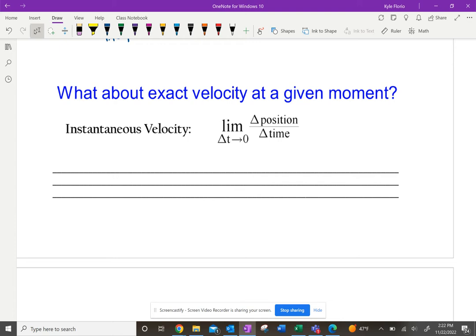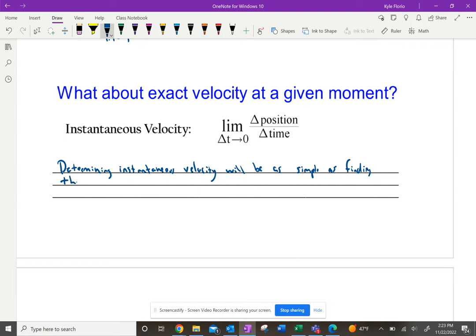at a given moment? The instantaneous velocity is the change in position over change in time as that interval of time gets smaller and smaller and smaller. So this looks familiar. Determining instantaneous velocity will be as simple as finding the derivative.